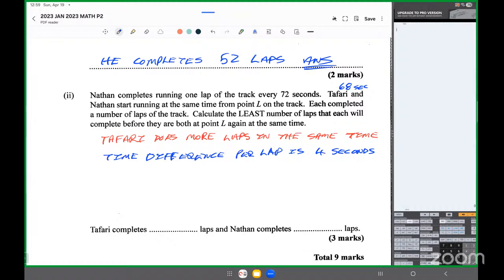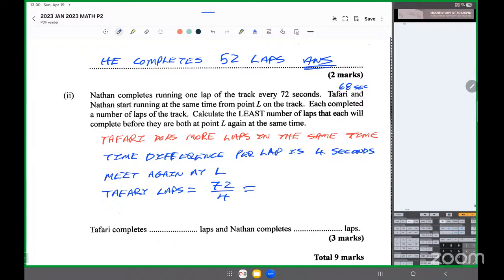So when they meet again, Tafara's laps equals 72 divided by 4.